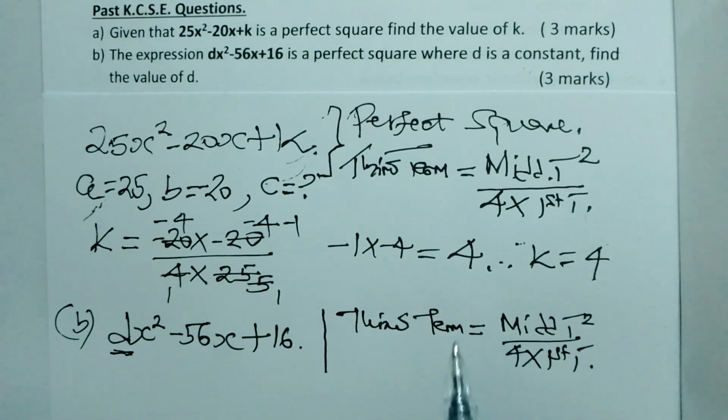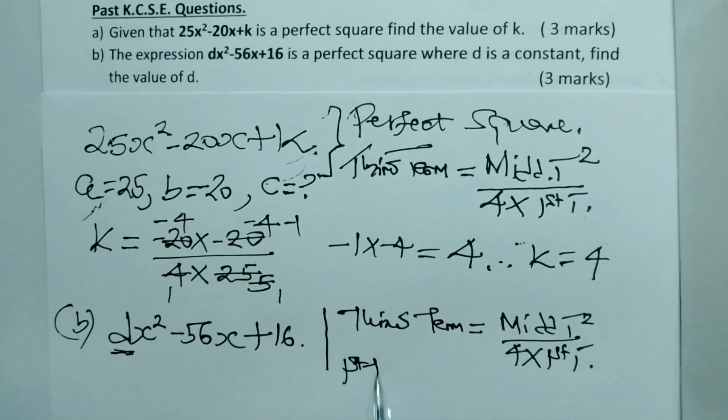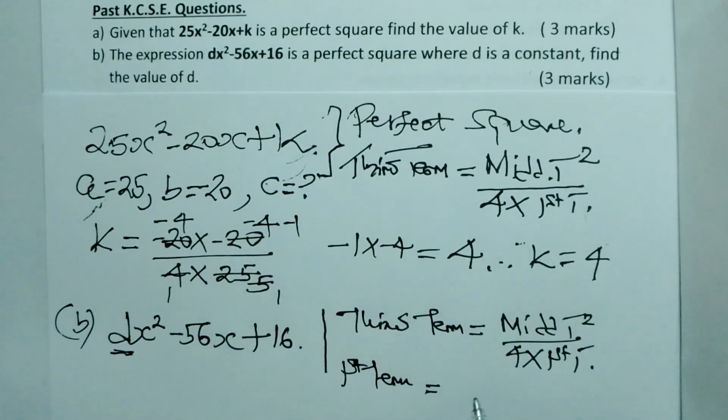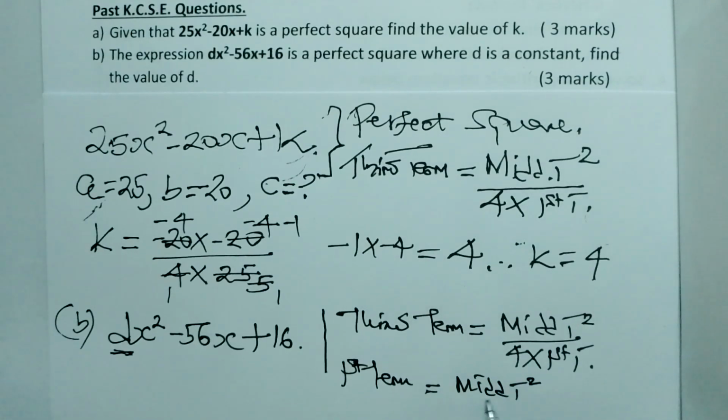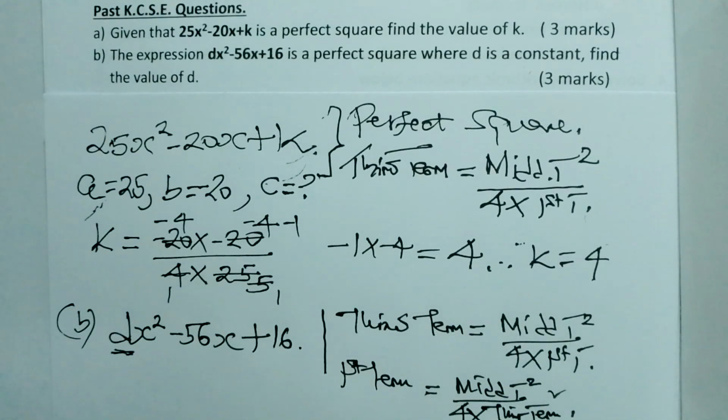Rearranging this expression, the first term will be given by the middle term squared over 4 times the third term.